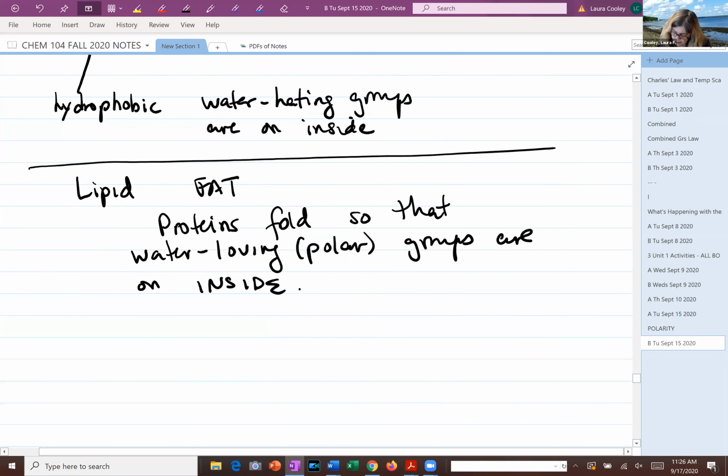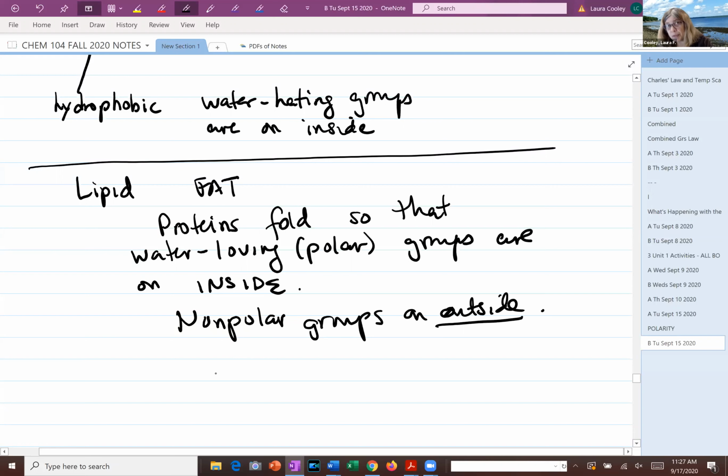And the non-polar groups are on the outside, which would interact favorably. They would be more attracted to the lipids, right? The non-polar environment, so that lipids are non-polar. Okay, so that's the case for proteins.